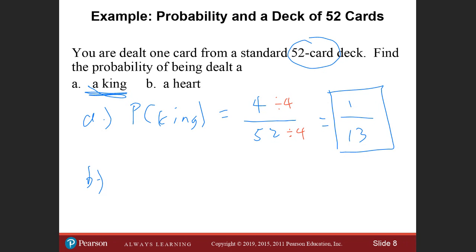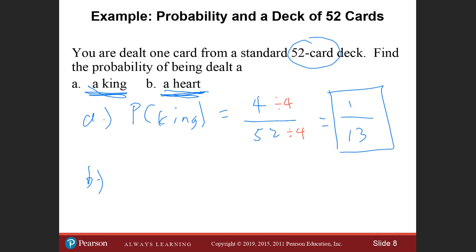Okay, let's go for the second one, letter B. We're thinking about a heart here, and you know there are four types inside the 52 card deck, right?